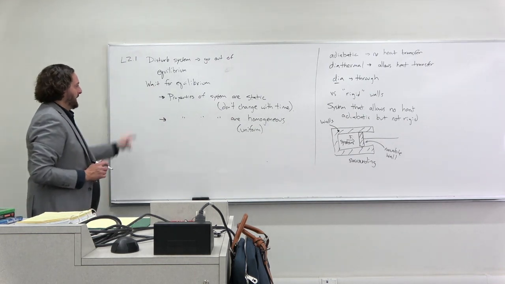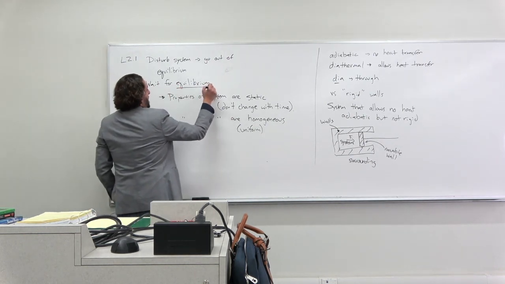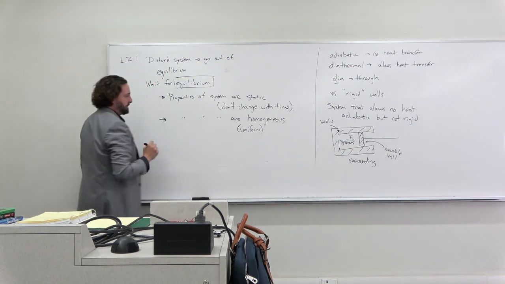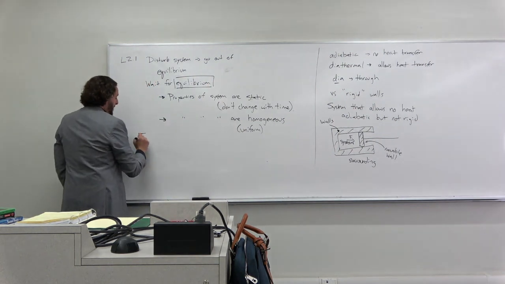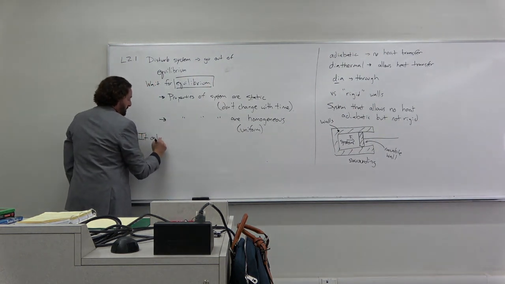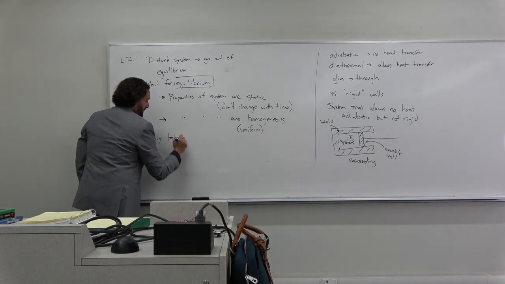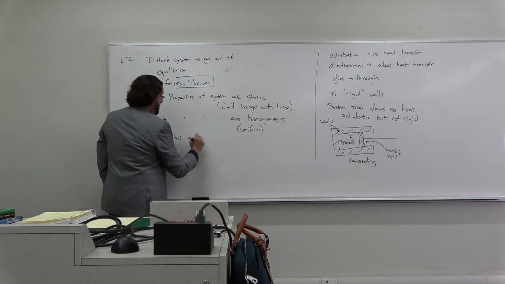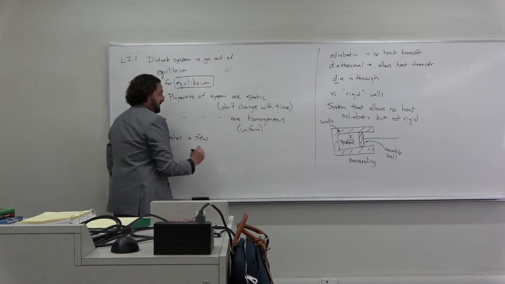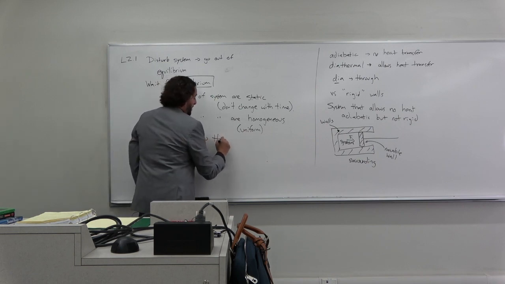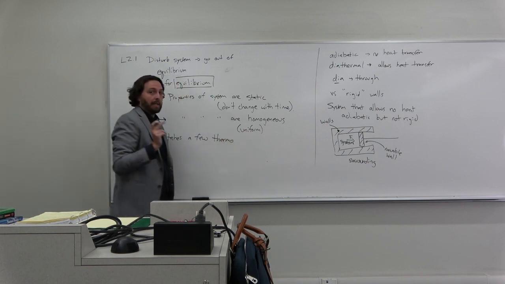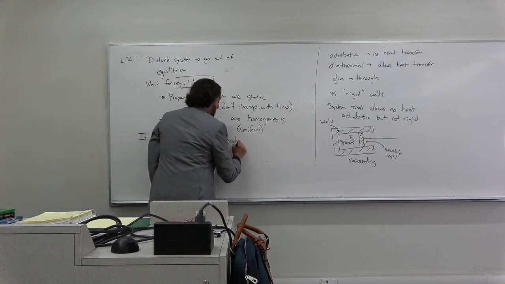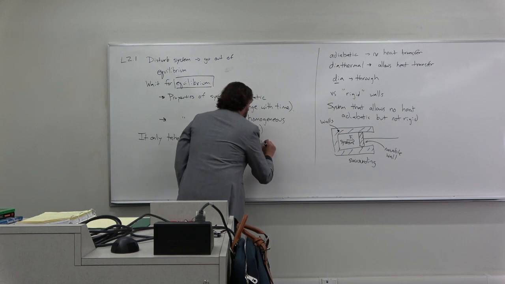Okay? Now, one of the great things about an equilibrium is that it only takes a few, we're going to call them thermodynamic variables. So this is a key term.